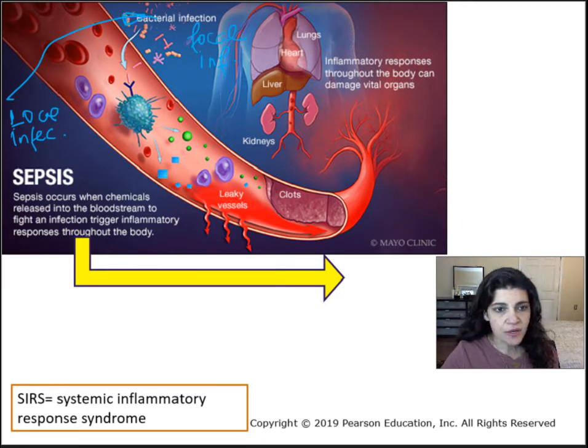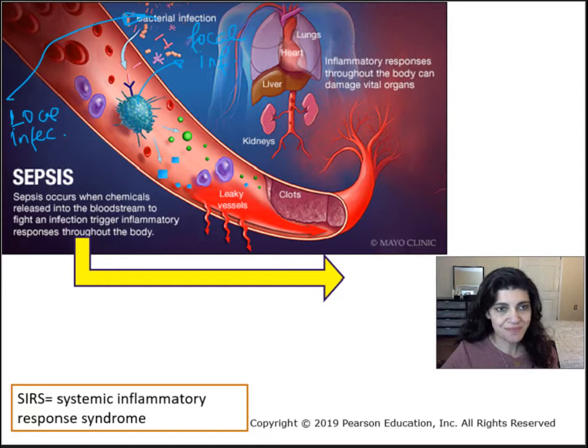These bacteria that are growing here are dumping their toxins, shedding parts when they die into the blood. And that's causing the blood cells to get activated, right? And some of them, of course, are also going to move to the focal infection as a result of the inflammation. These will lead to leaky vessels.